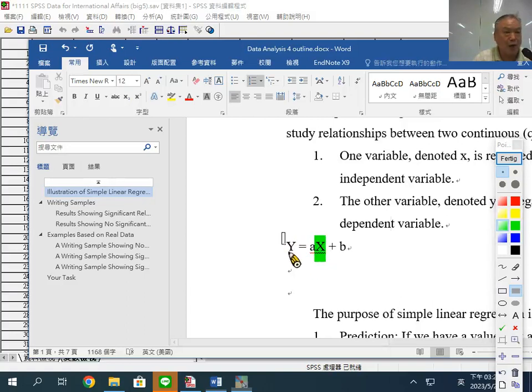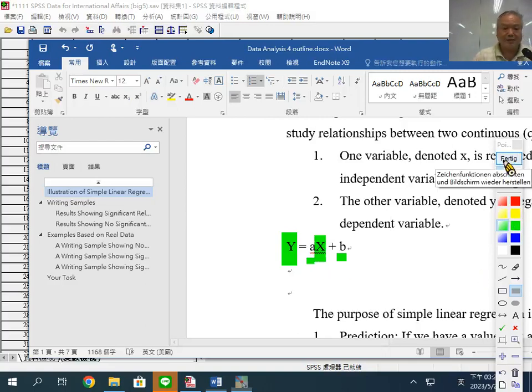And this one, y, is called the dependent variable. So basically, the change in x will make y change too. So this is the linear regression. Linear regression, the relationship between x and y is determined by the a, we call beta. And this one is constant, and this is beta, okay?